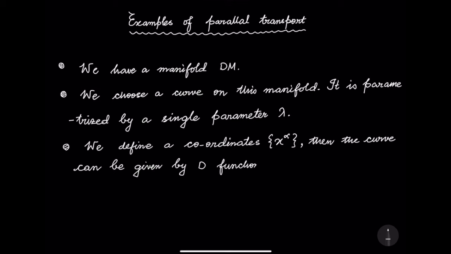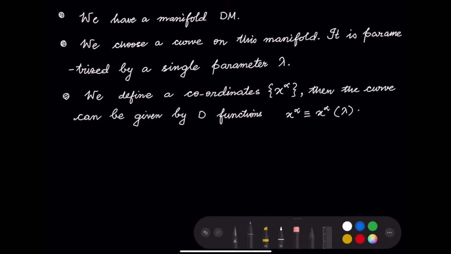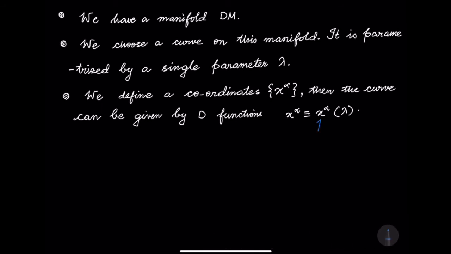And these functions are how the coordinate values change as a function of lambda. So we will call these functions by the name of the coordinate. This is maybe not a very good notation, but this is what we mean. So let me emphasize what we mean here. These are d mappings or d functions.